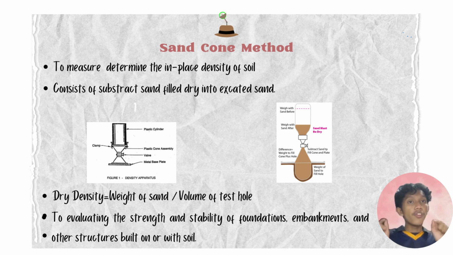And we can obtain the volume of the sand by using weight of the sand divided by the unit weight of sand. So for the bulk density, we can use weight of excavated divided by volume of hole, which determines the weight density of the area. For the testing of the moisture content, we can conduct the oven drying method or psychrometer method.